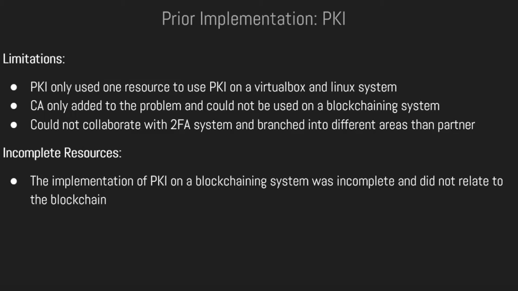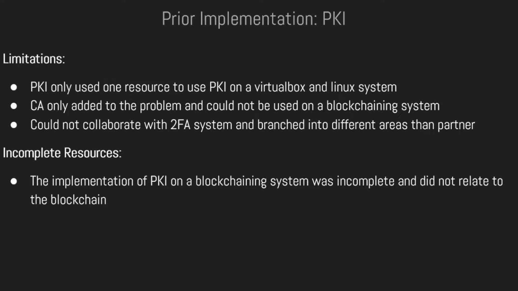Our first ideas of implementation were going over a PKI, or public key infrastructure, so that we can apply security, also attaching onto two-factor authentication. With the use of PKI, there are many problems that our group faced when trying to implement it for our blockchain security.